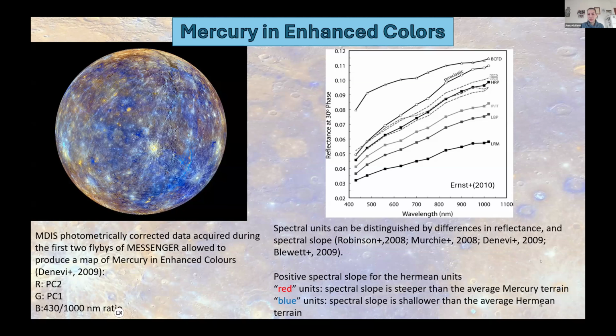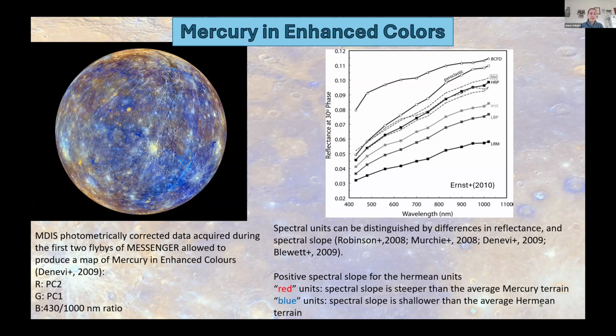On the right part of the slide, these are the spectra acquired by the MDIS camera in the 11 filters, and the slope is the trend of the reflectance at increasing wavelengths. So the PC2 represents the slope of the spectra. The PC1 is usually related to the albedo, the reflectance.